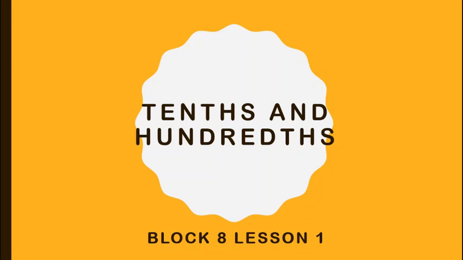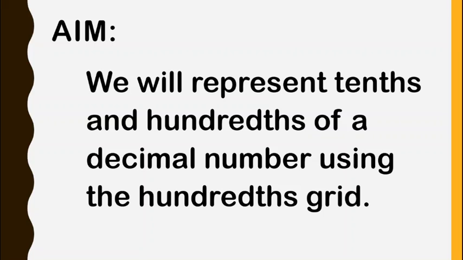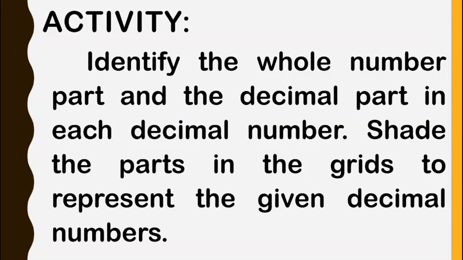So today we will learn about tenths and hundredths. This would be our aim for today. We will represent tenths and hundredths of a decimal number using the hundreds grid. Let's proceed with our activity. In your activity, you need to identify the whole number part and the decimal part in each decimal number.